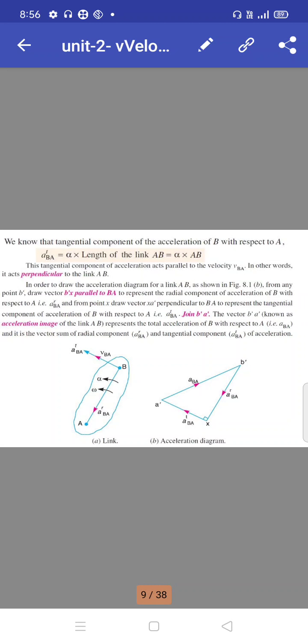From the point x draw vector x a dash perpendicular to b dash x, to represent the tangential component of the acceleration of B with respect to A. Join b dash a dash. The vector b dash a dash, known as the acceleration image of the link AB, represents the total acceleration of the point B with respect to A, that is a BA, and it is the vector sum of the radial component and the tangential component of acceleration.